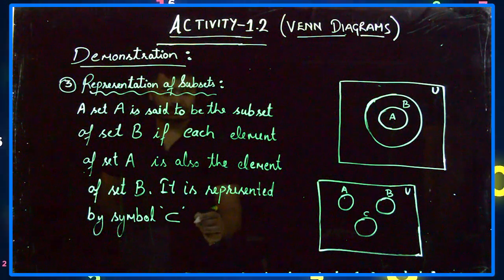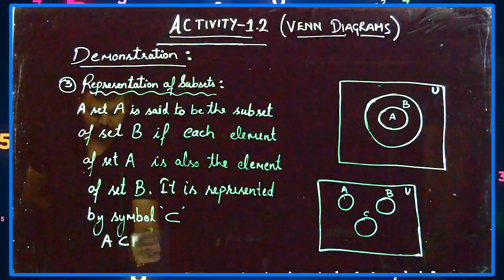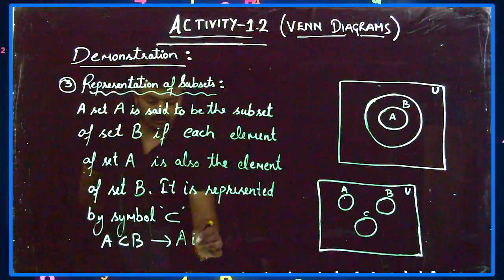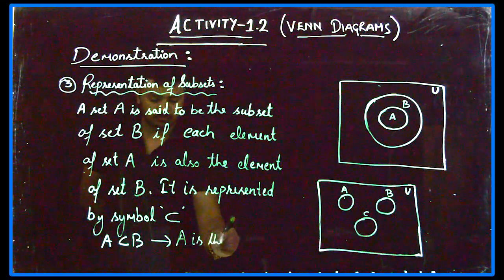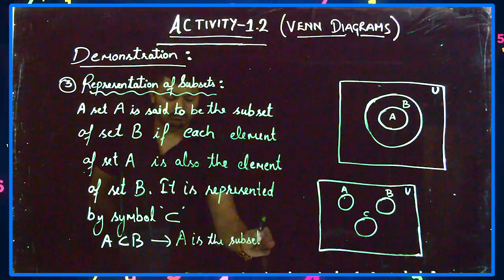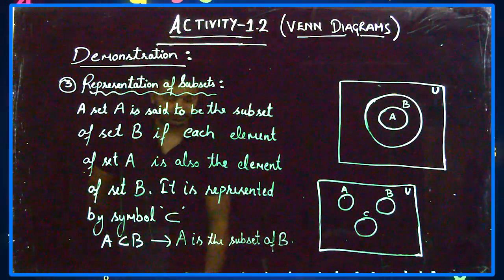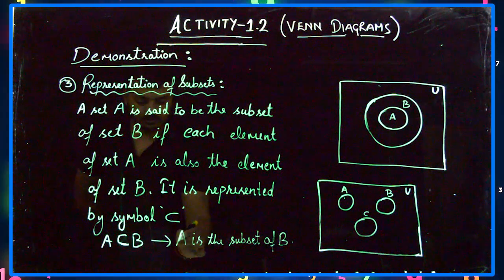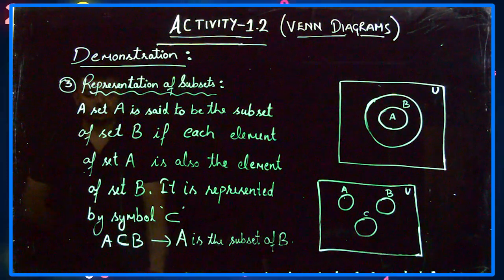And here A is the subset of B, so this represents A is the subset of B. So in this way we can represent A as the subset of B.